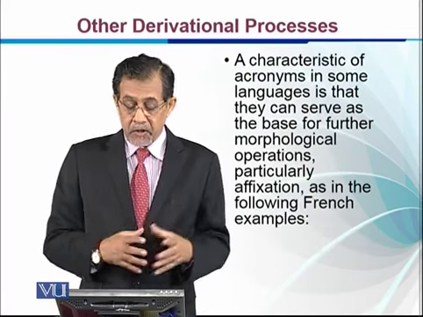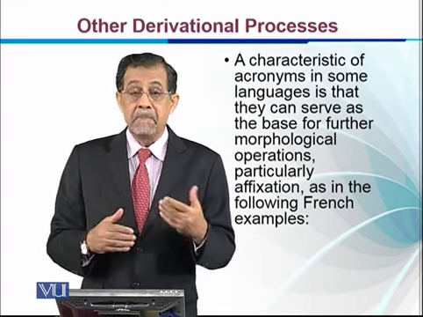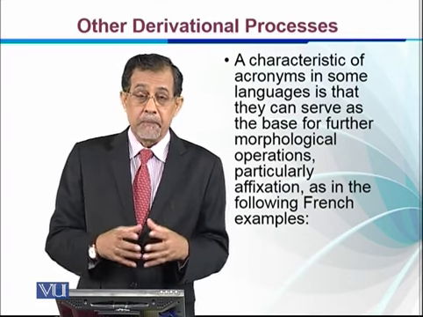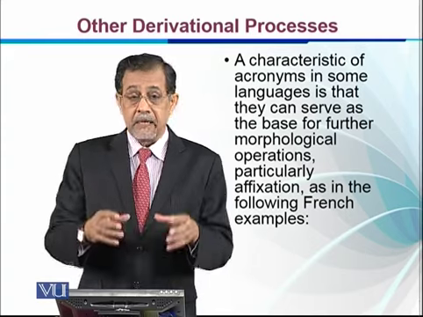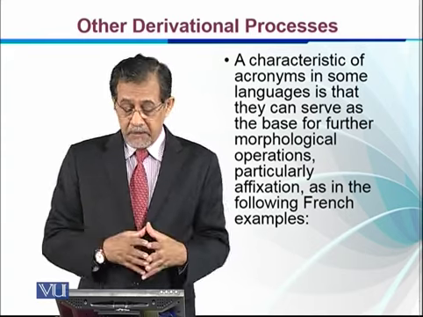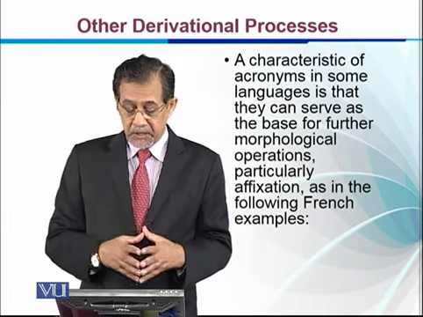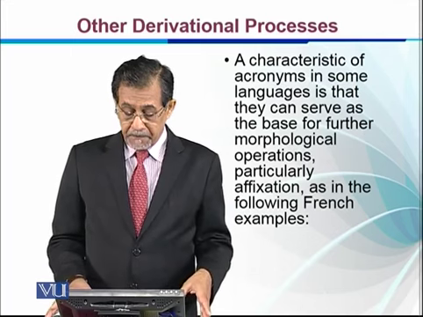A characteristic of acronyms in some languages is that they can serve as the base for further morphological operations. They can serve as a morpheme, right? Some affixes are attached to them, and as a result they form new words. Especially in French, this is a common process.